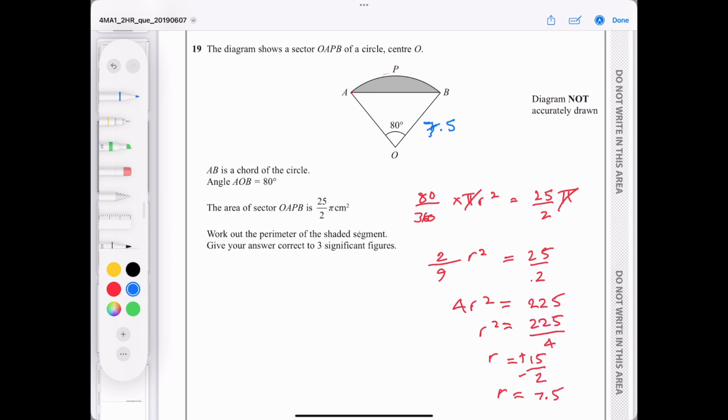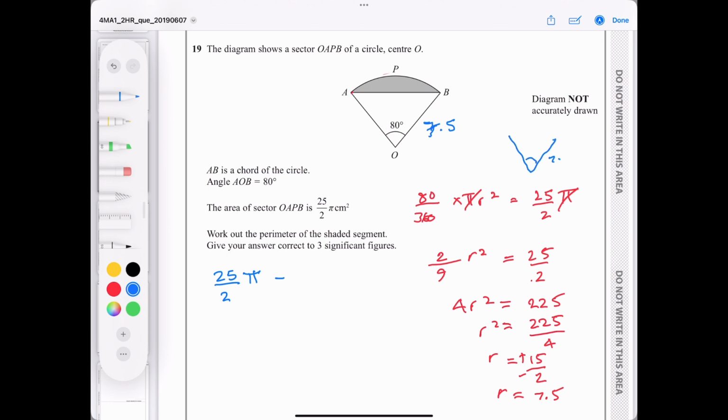So now, working out the perimeter of the shaded segment. We know the area of the sector is 25 over 2 pi, and we're going to take away this.